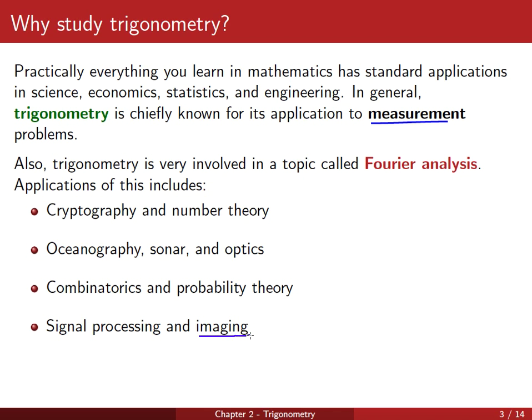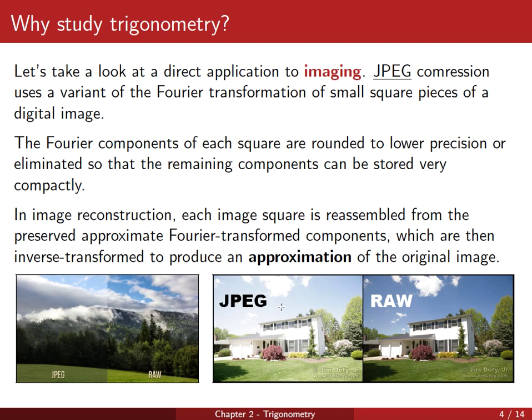In our own lives, imaging and signal processing are used all of the time. For instance, JPEGs are used all the time to compress an image so that the quality is pretty good, but it's small enough that you can take a lot of photos.